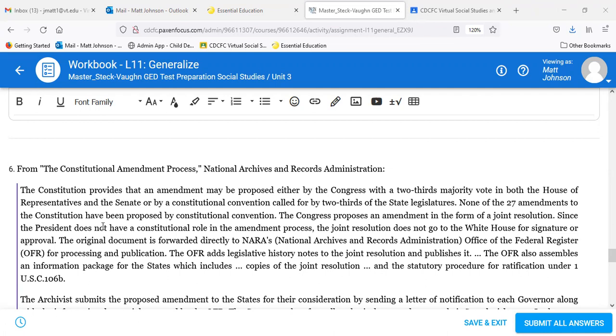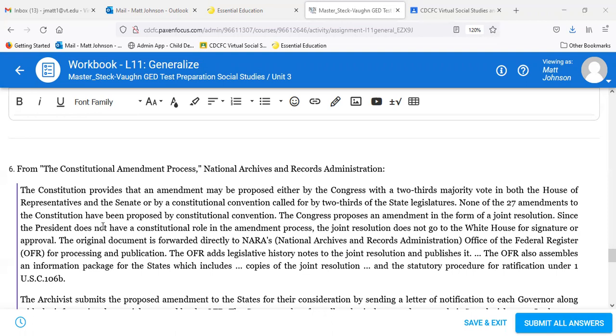Jeremiah. None of the 27 amendments to the Constitution have been proposed by Constitutional Convention. The Congress proposes an amendment in the form of a joint resolution. Since the President does not have a constitutional role in the amendment process, the joint resolution does not go to the White House for signature or approval. The original document is forwarded directly to NARA, that's the National Archives and Records Administration, Office of the Federal Register, for processing and publication.